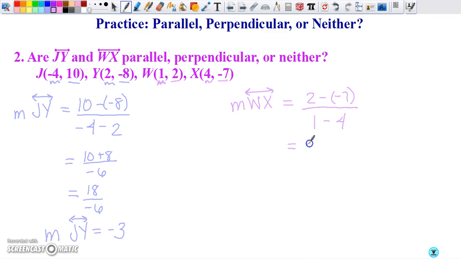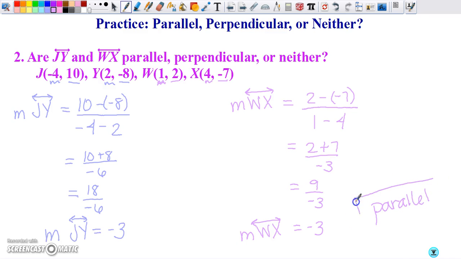So we get 2 plus 7 divided by a negative 3, which is 9 divided by a negative 3. And so we end up with a negative 3 as the slope of line WX. And so because these are exactly the same, these would be parallel. And it's because our slopes are the same.